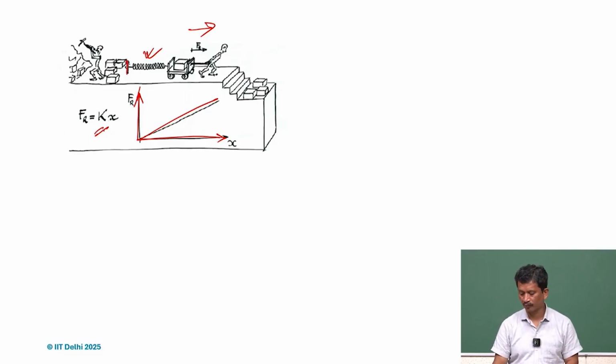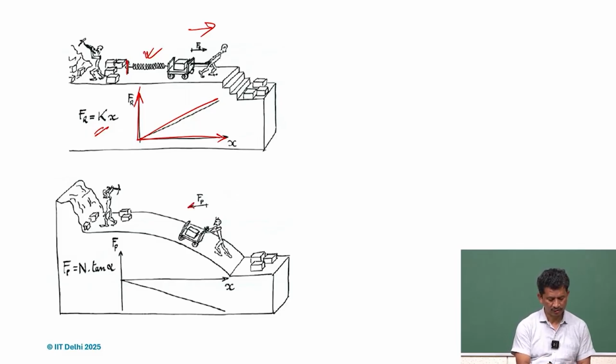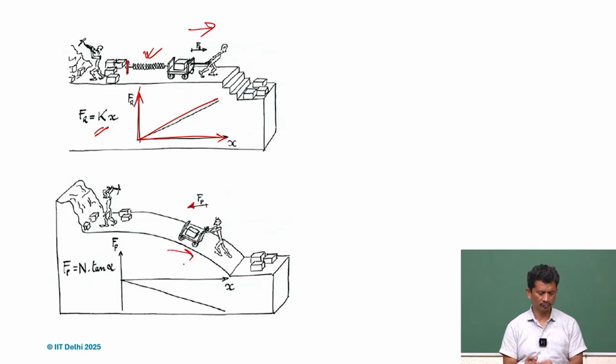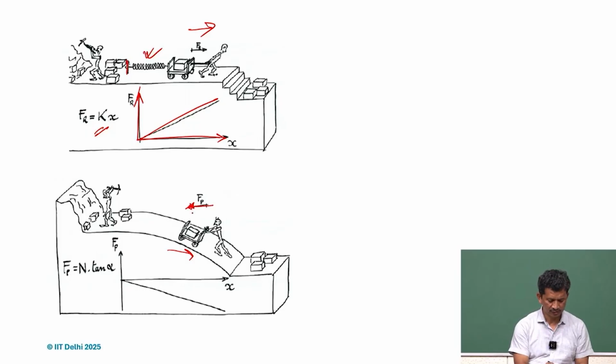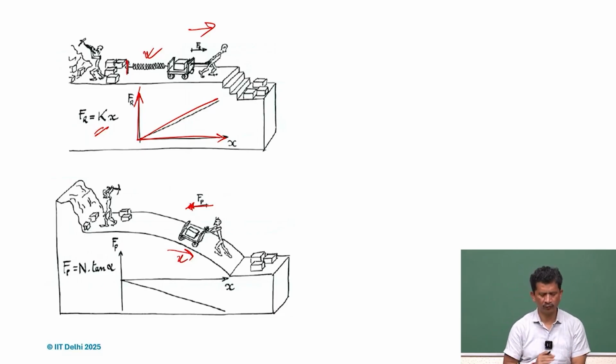Now suppose a certain load has to be lowered along this direction, and there is a slope. We realize that we always have to apply a force in this direction, although the displacement is in the x direction. So for positive x displacement there is always a negative force applied, and if we look at the force versus x plot, it is negative, downwards.